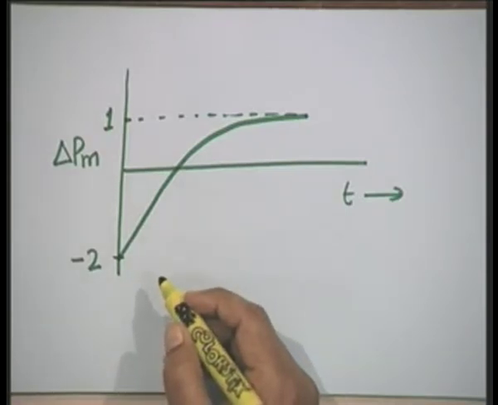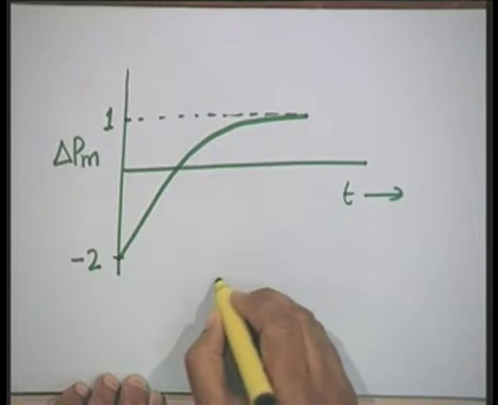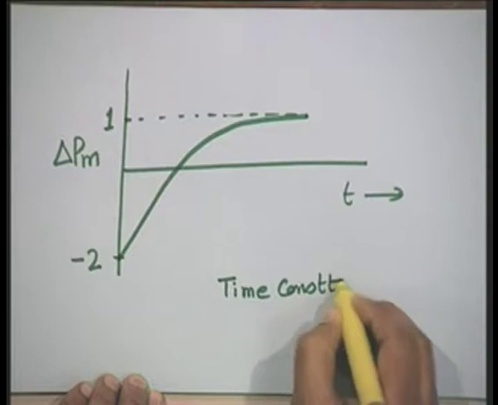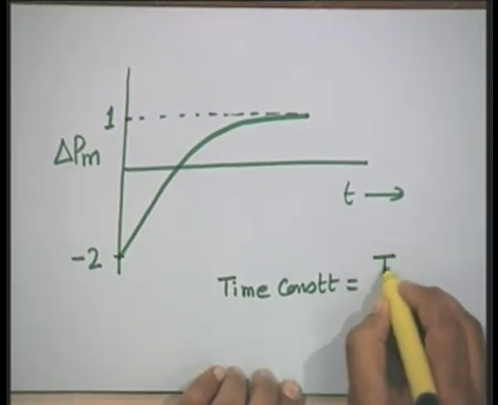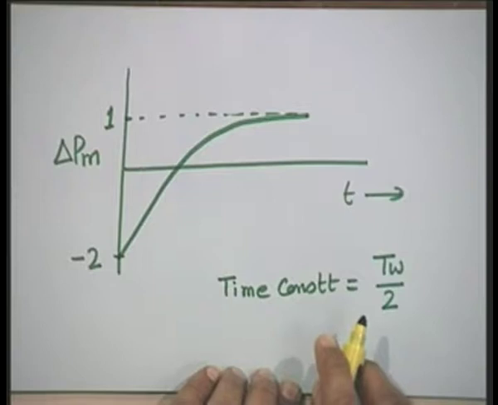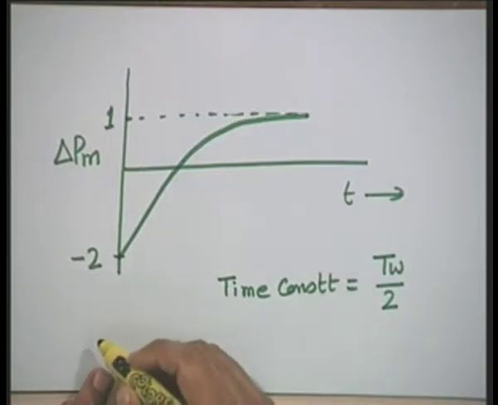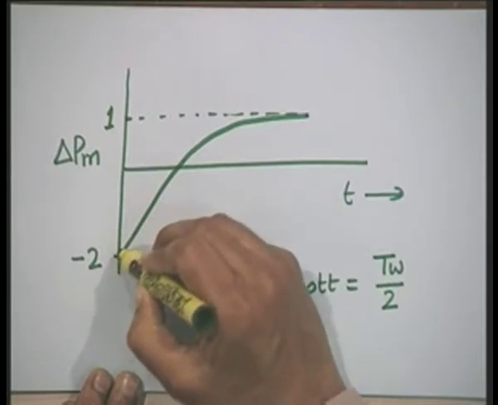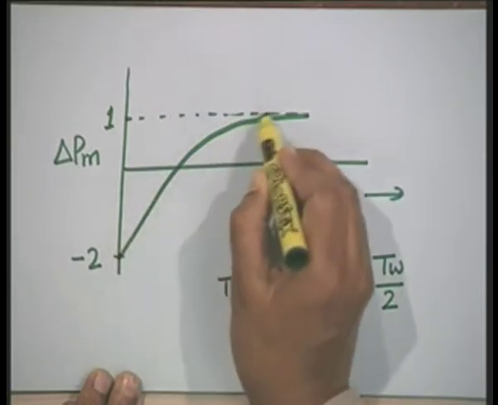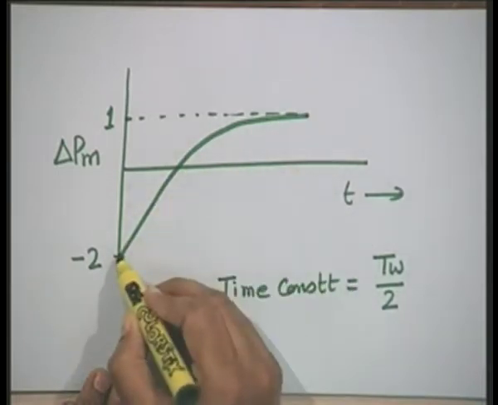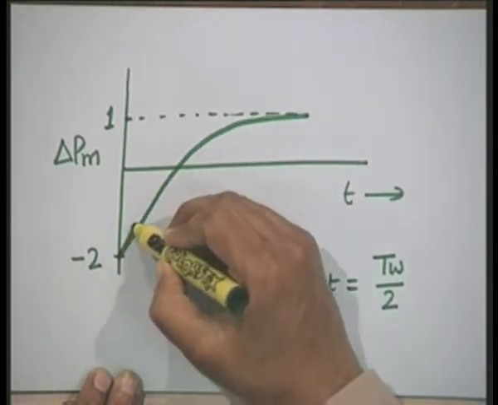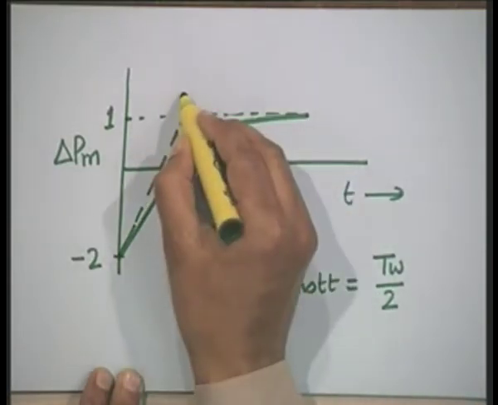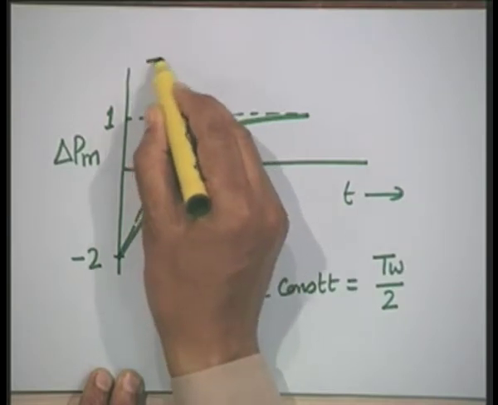The time constant is T_W by 2, right. That is, if you draw a tangent to this response curve at t equal to 0, then this tangent will be like this, and this time can be identified as T_W by 2.